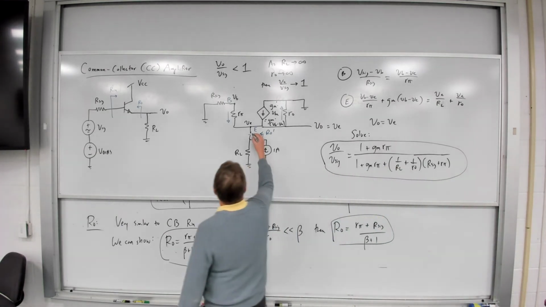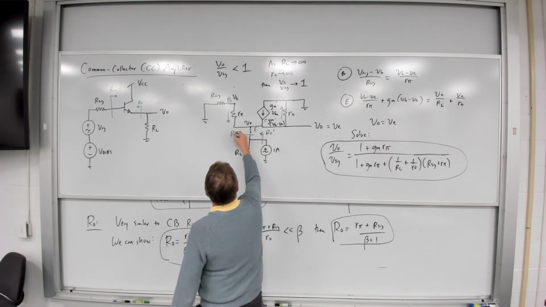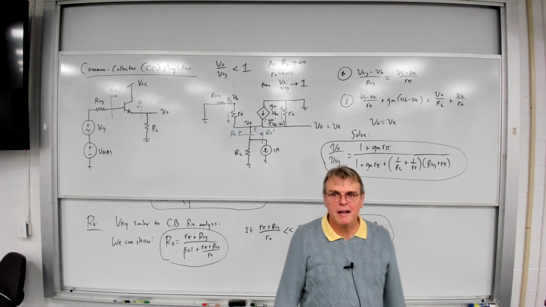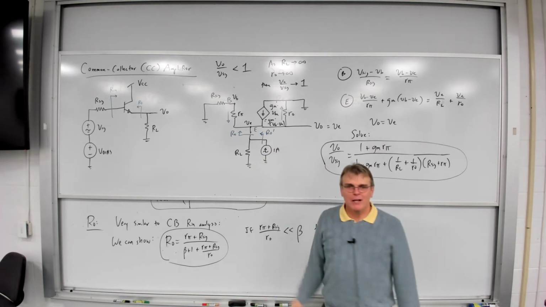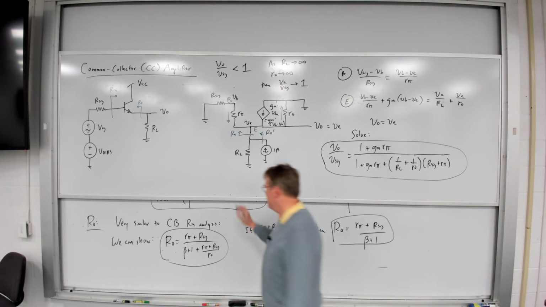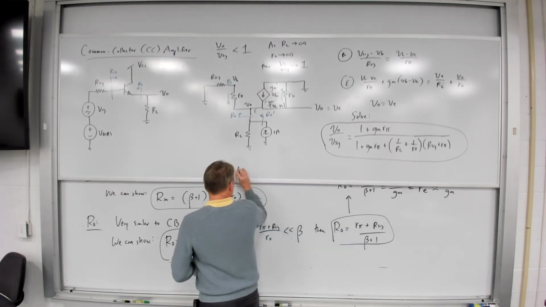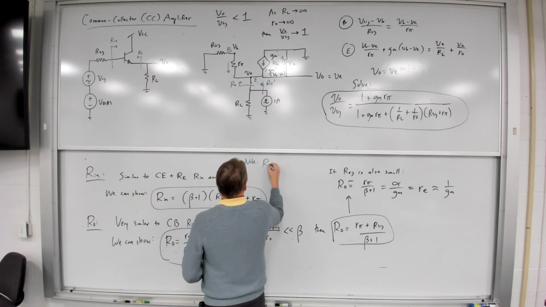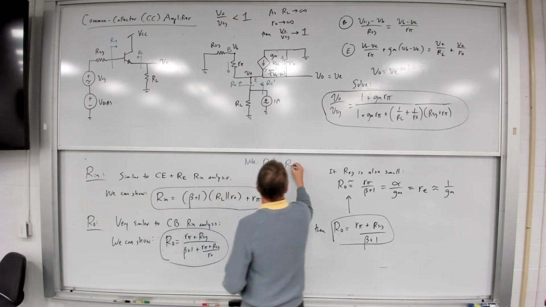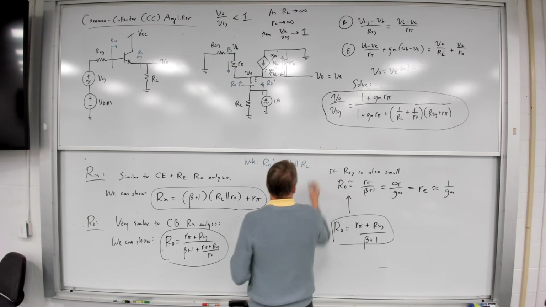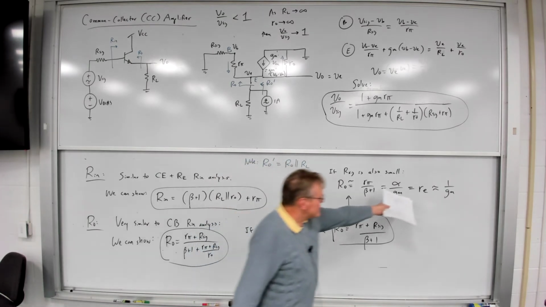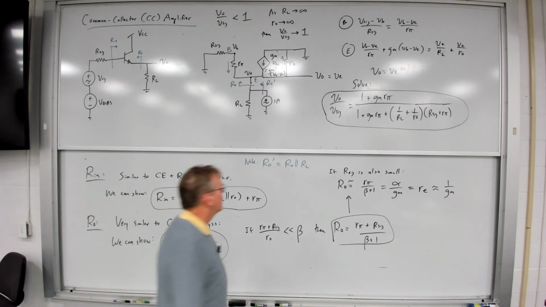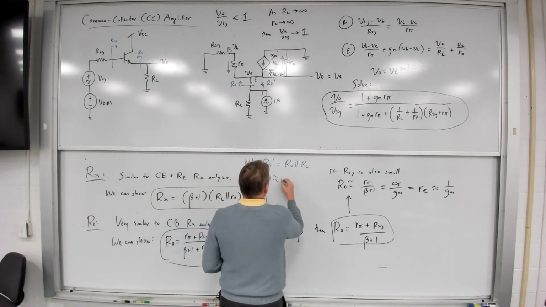Well, in this case, r sub O prime must be r sub O, whatever that is, in parallel with R sub L. Since R sub O is probably much smaller than R sub L, it will still be approximately equal to R sub O.